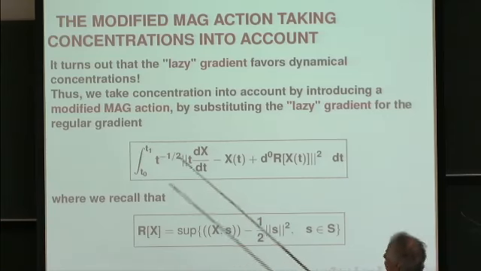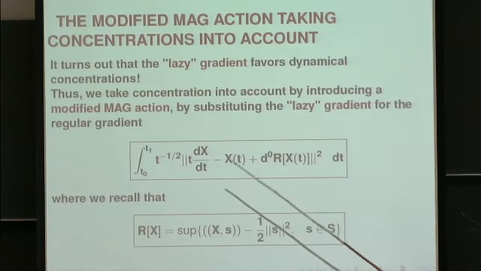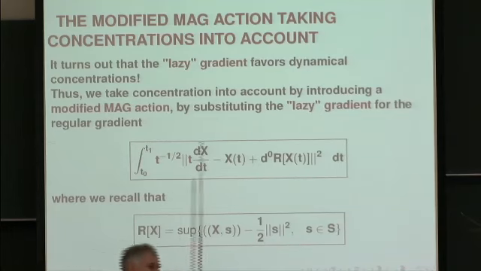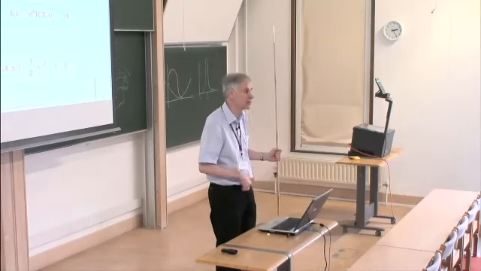And you can check that, of course, if there is no concentration, there is no difference with the previous action. So if you have a curve which is avoiding any concentration, then there will be no difference with the previous action. So without concentration, we don't change anything. But this way, we can have minimizers of the action that dissipate energy. So this is the least action principle with possibility of dissipation of energy.